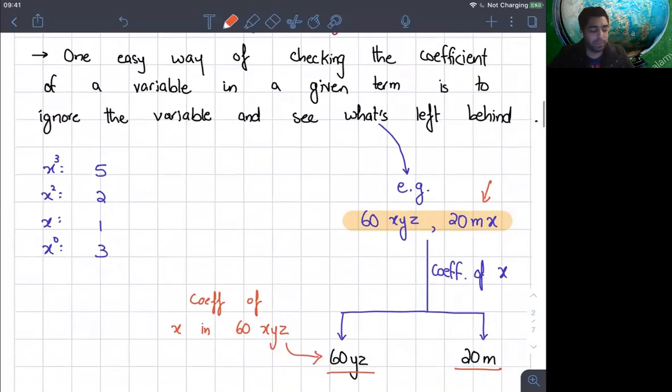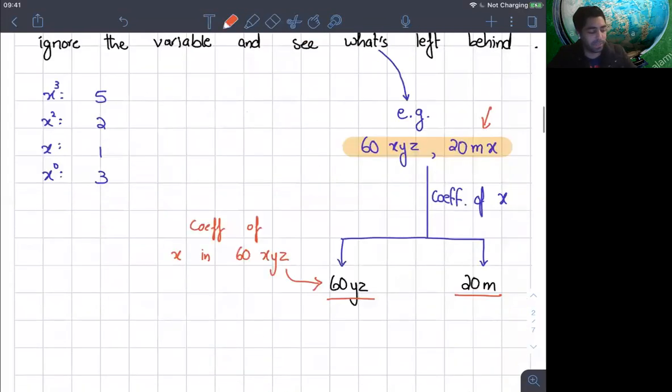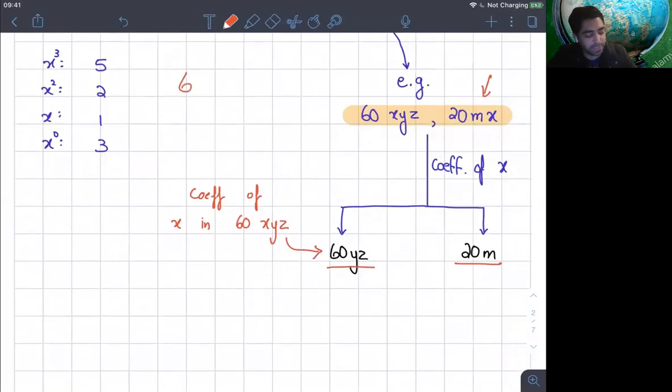Now, one thing that I want to point out is that an easy way of checking the coefficient of a variable in a given term is to ignore the variable and see what's left behind. I'll just show you how to do that. Let's say we're talking about 6xyz, and we want to see the coefficient of x. What that means is that you can just use your finger to cover the variable that you're looking at, then everything else that's left in that term is going to be the coefficient.